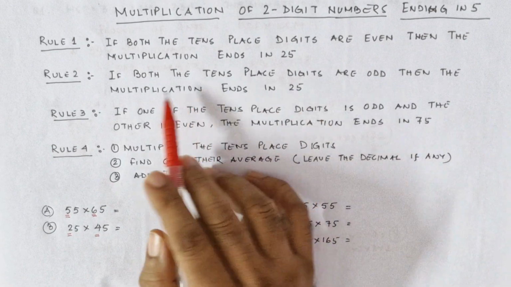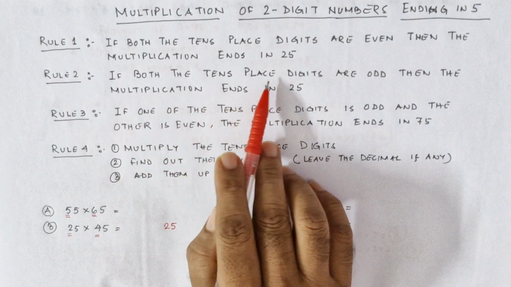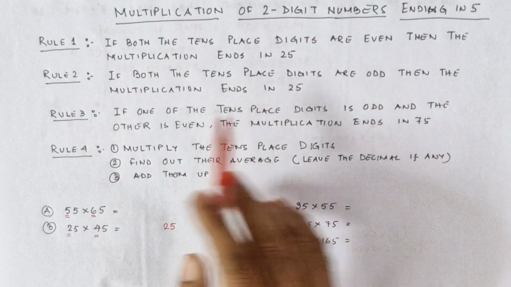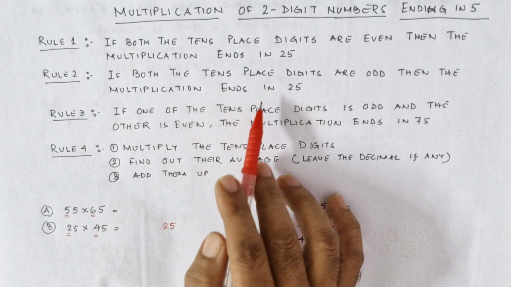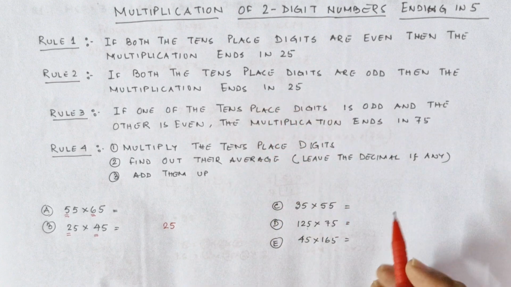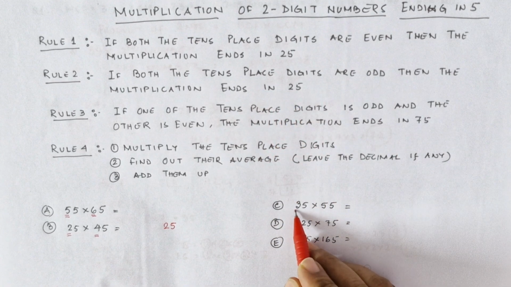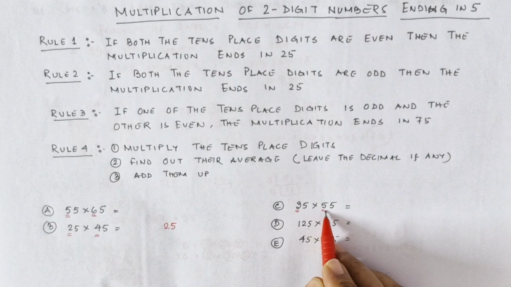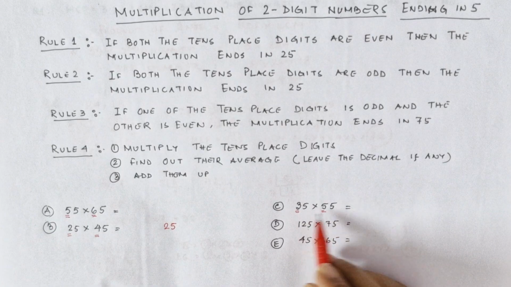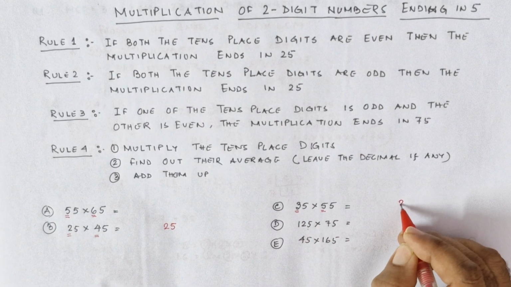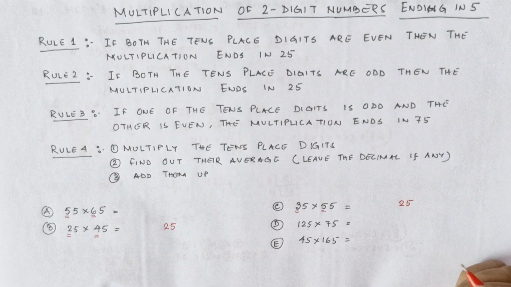Got it? If both the tens place digits are odd, then the multiplication also ends in 25. So let us find out. Yes, this is odd and this is odd in the tens place, right? So here also the multiplication ends in 25. So we'll write 25.